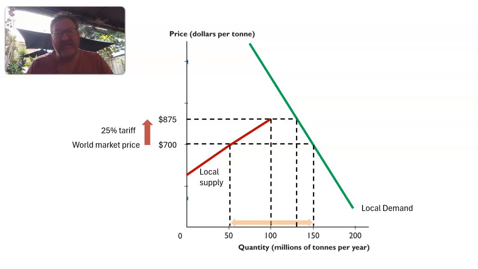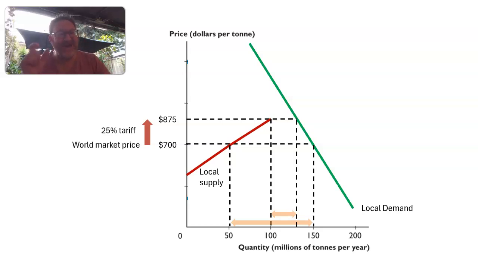And we can see that when that happens, there's increased supply. In order to produce more, firms will have to employ more people in the sector to do it. So employment in the sector rises, production and employment rises, but also the price is higher. It also reduces the gap between local supply, which is now 100 million tonnes, and the total demand within the US economy for steel, which is, I don't know, what's that, 130 million tonnes, roughly.